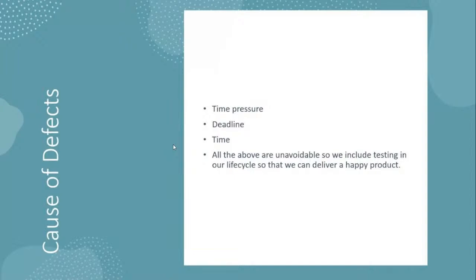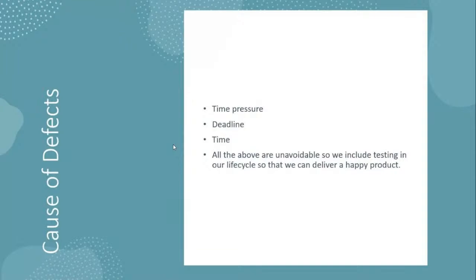So we have included testing in our life cycle, which in turn gives a happy product to the customer. In this scenario, when testing has happened in all four stages and we deliver the product, we deliver the correct product. Why did we deliver the correct product?